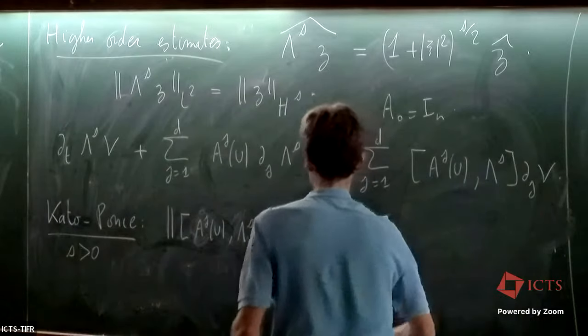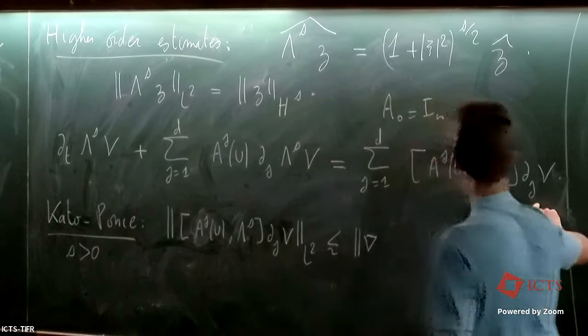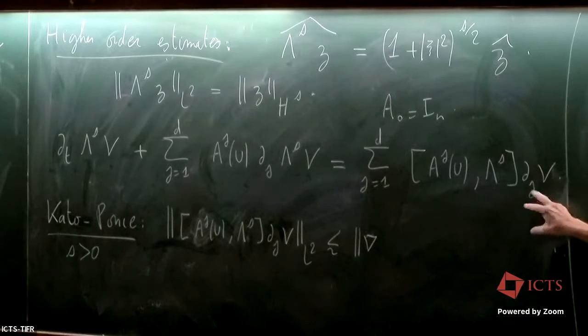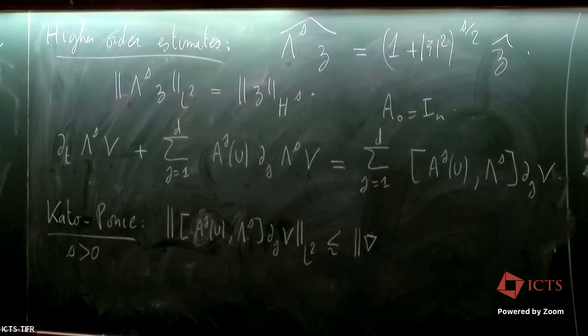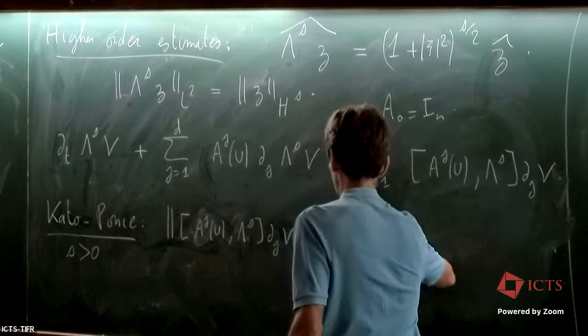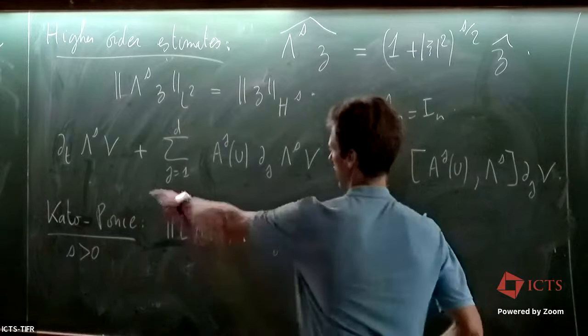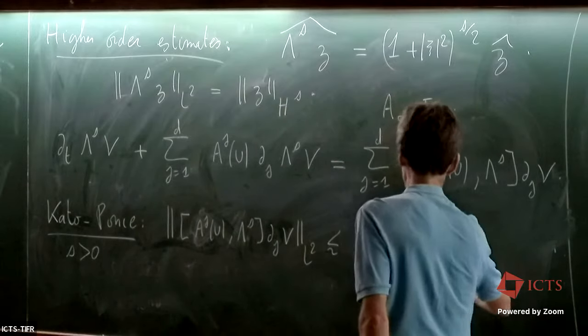The first one is a gradient. The problem with this term is that it seems that you lose one derivative, but thanks to the commutator, we'll be able to put the derivative on it. It's exactly the terms that I had by integration by parts before.